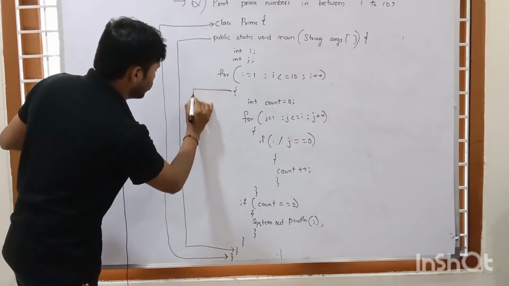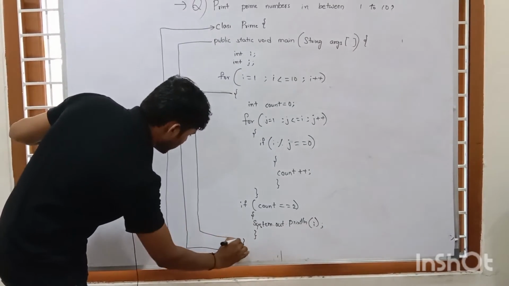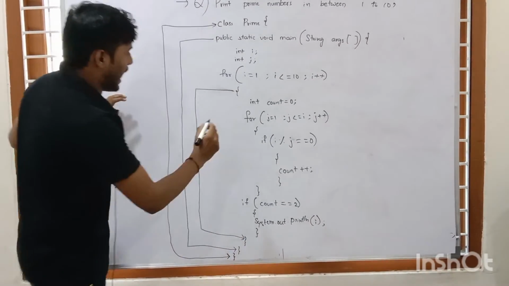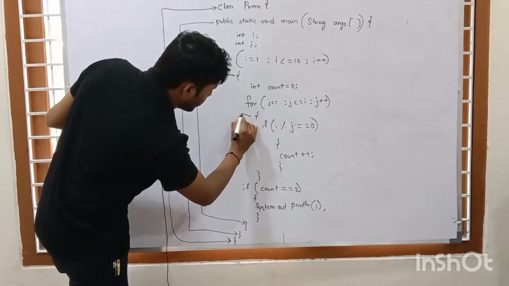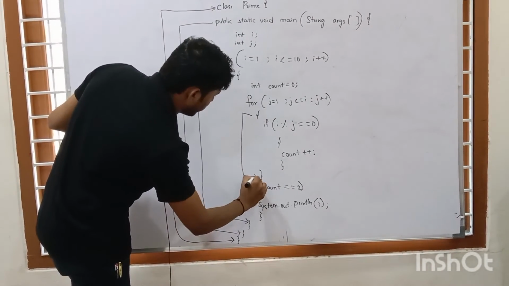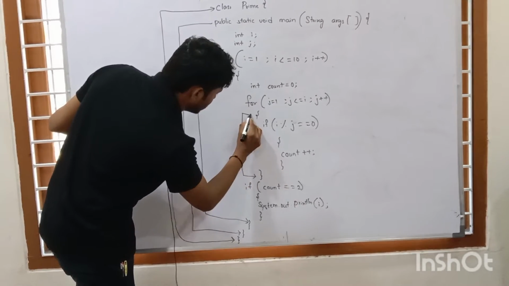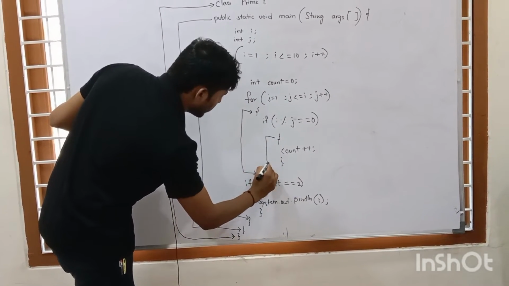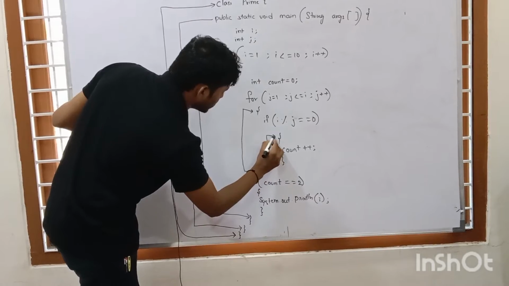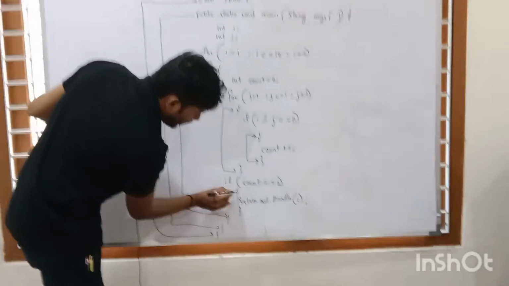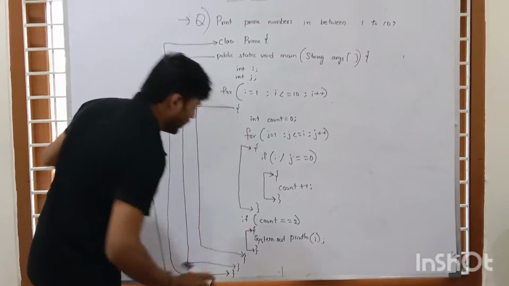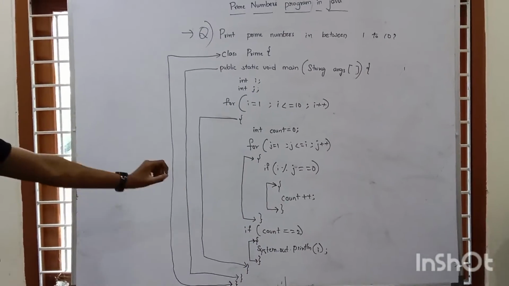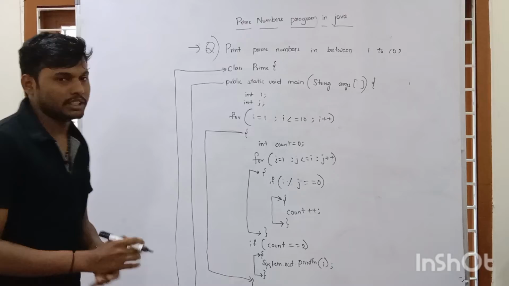Here I open my loop and here I close my loop, and here I open another for loop and then here I close. And here it is the condition and here I close the condition. Okay, here I open the if condition and here I close the if condition. If is one of the conditional statements and for is one of the looping statements.